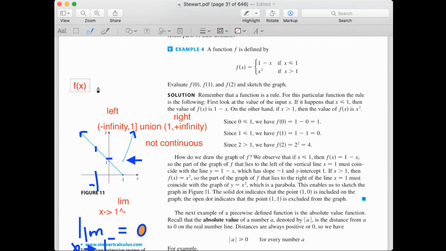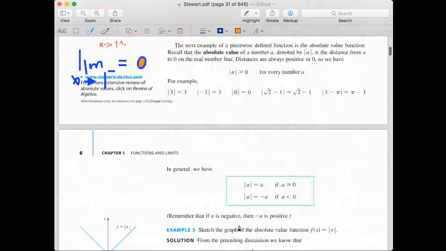Whatever this function is, f of x is not continuous at 1. We're not saying the whole function is not continuous. The function is continuous at every real number but 1. So we say f of x is not continuous at the value 1. All right, keep going.